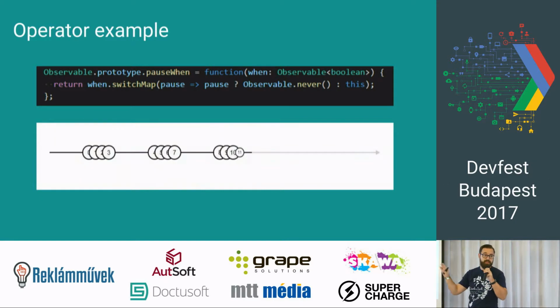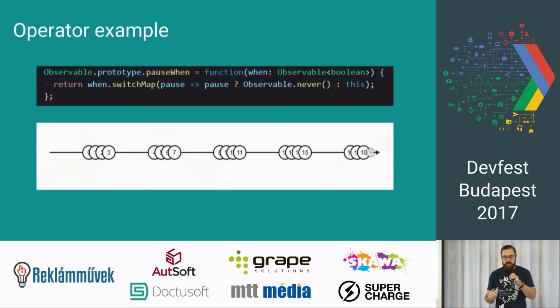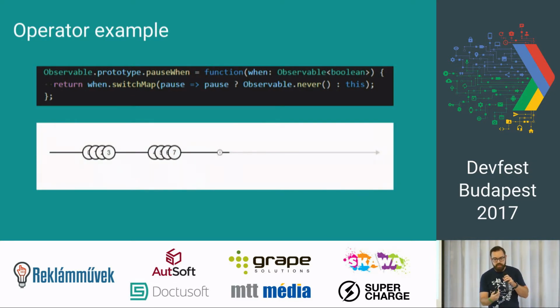I hope that doesn't surprise you. And when the condition observable emits a true value, we are switching back to the original observable. So we are using the switchMap and never operators to basically build a new operator.